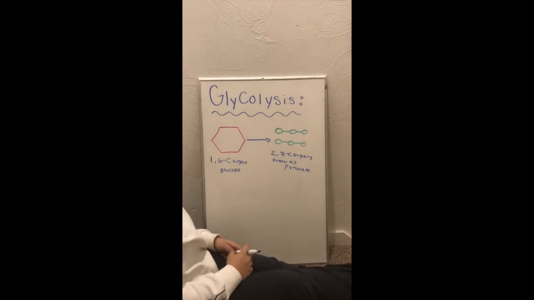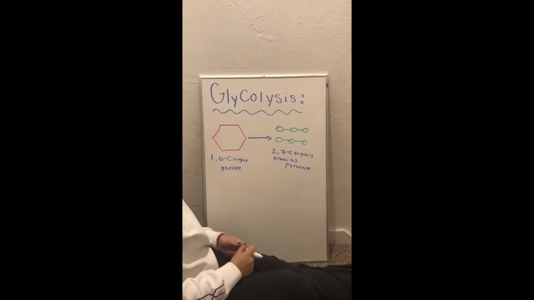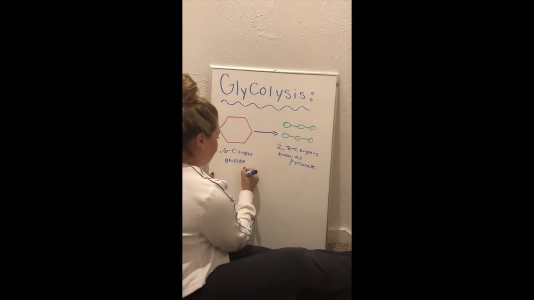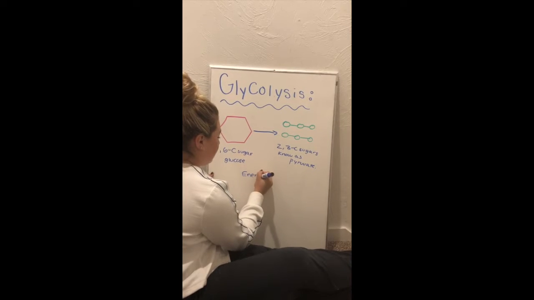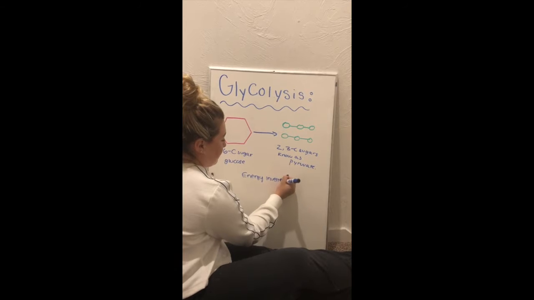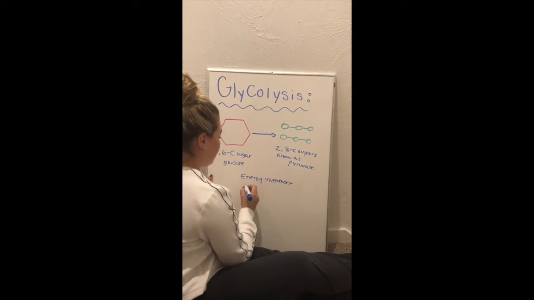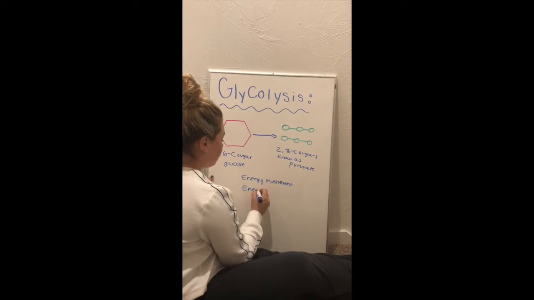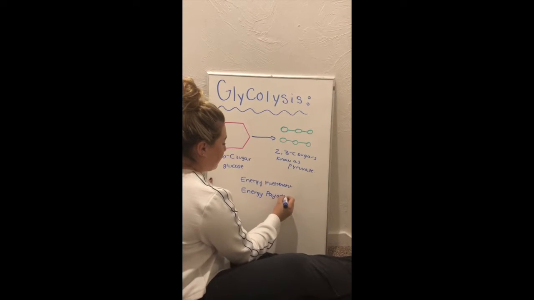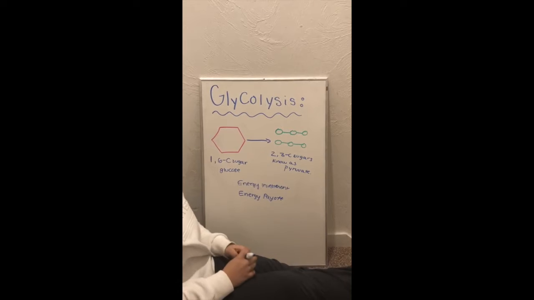This process can be done aerobically or anaerobically and has 2 phases to it: an energy investment phase and an energy payoff phase. I will further explain these phases in the next videos.